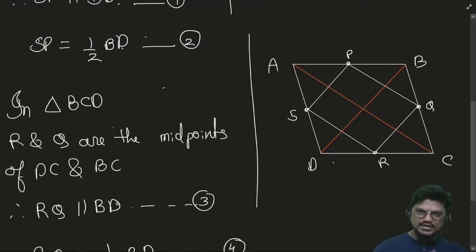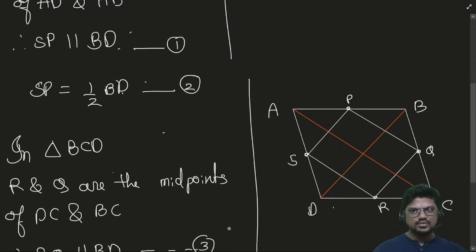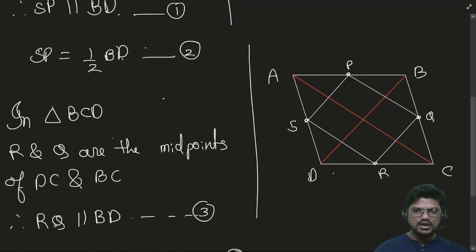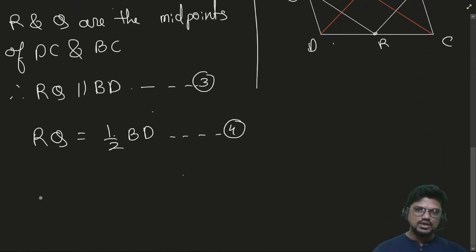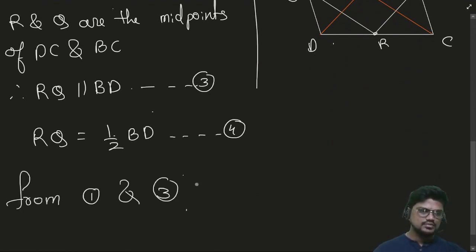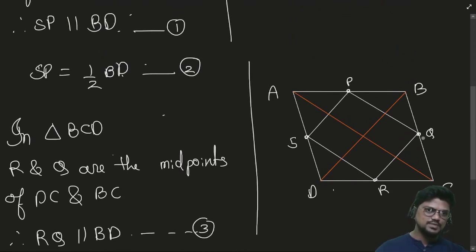From 1 and 3, SP is parallel to BD and RQ is parallel to BD. So from 1 and 3, I can say that SP is parallel to RQ.